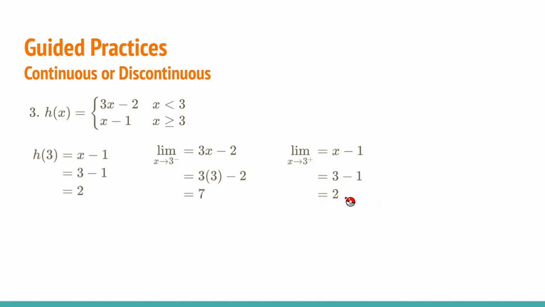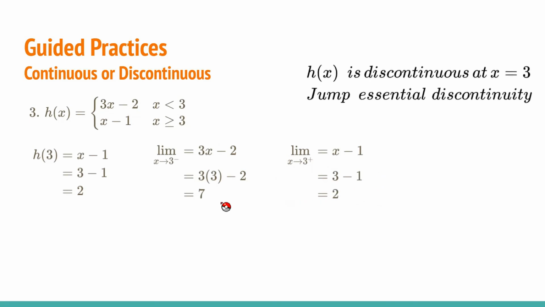Now, we may notice that the function value and the limits are all not equal. So that means h of x is discontinuous at x equals 3, and it has a jump essential discontinuity, again, because the function value and the limits are not equal, though they exist.